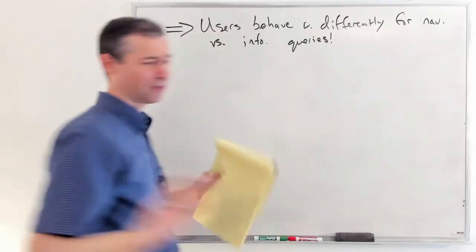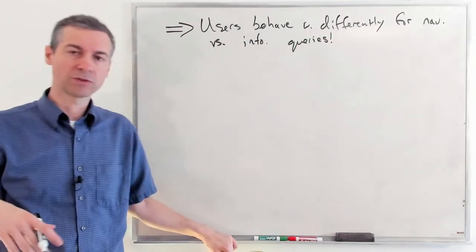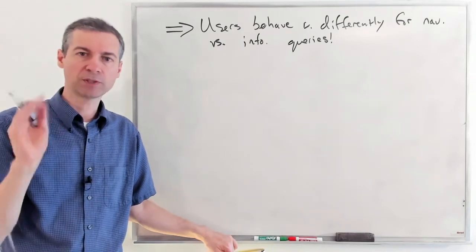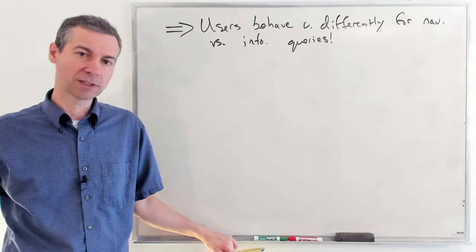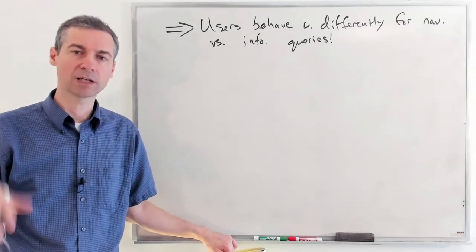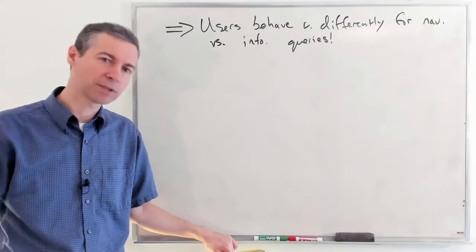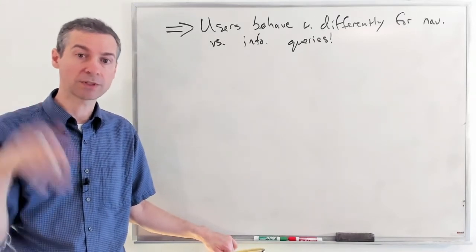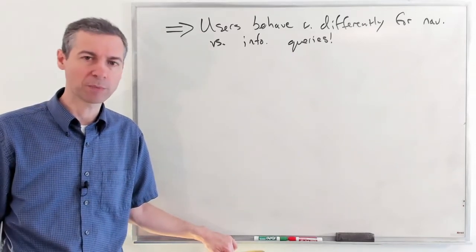All right, very big difference. When you look at what users do when they type in Facebook, in a fraction of a second later, they've clicked on the link and gone to Facebook. It's automatic. They know it's going to be there, that the search engine works and has put it at rank 1. They're not looking anywhere else on the web page.